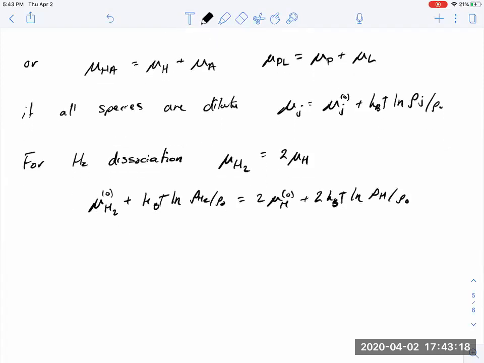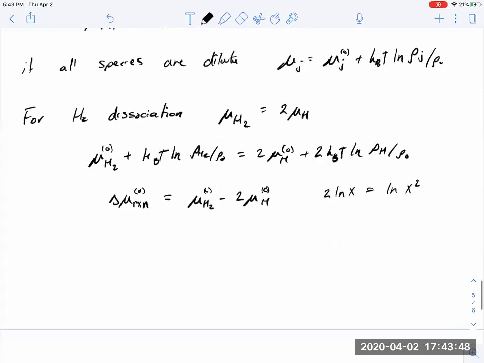If we define delta mu of the reaction as being mu of H2 less twice the standard state chemical potential of atomic hydrogen, and we note that twice log x is equal to log of x squared, I can rearrange this equation up here.